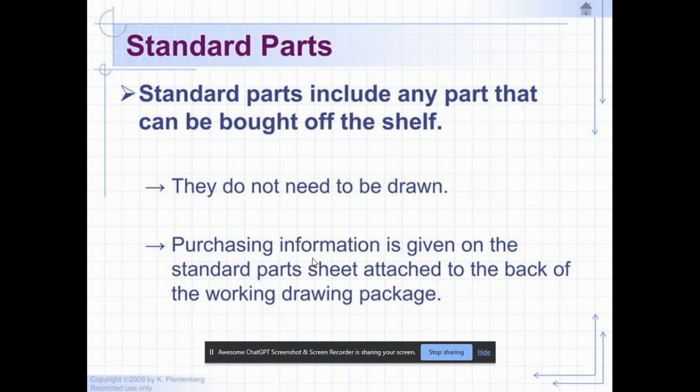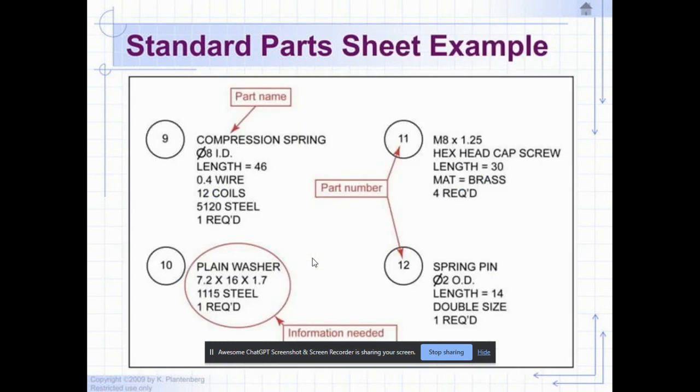You can easily get it anywhere depending on the size, the function, and the specification, and then you go and get the screw and use it. So for standard parts, we don't need to draw them. Purchasing information is given on the standard part sheet attached to the back of the working drawing package.